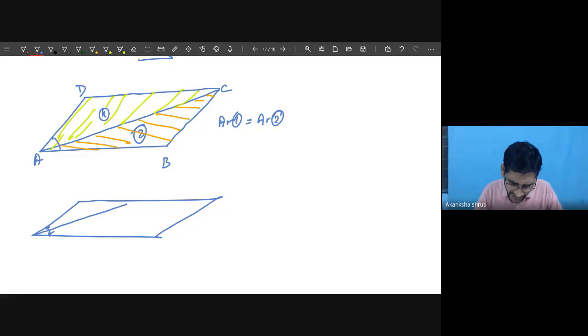This diagonal is not dividing this angle. So if we consider this as theta, this as x, then this will be y. So x will not be equal to y here. That is, AC is not an angle bisector.